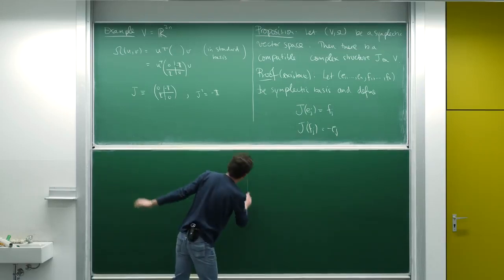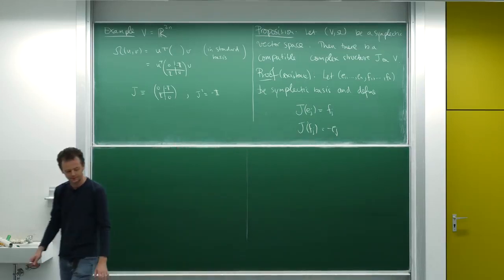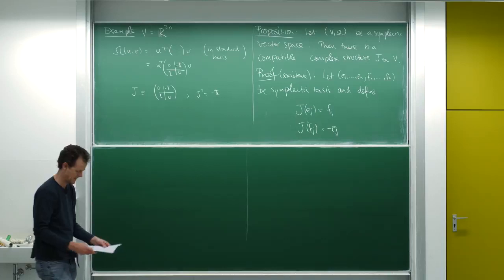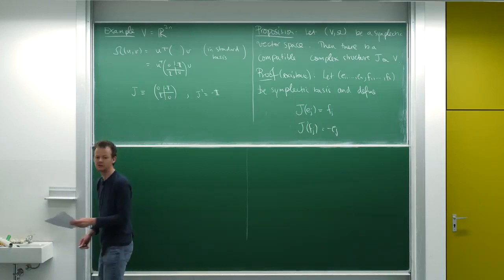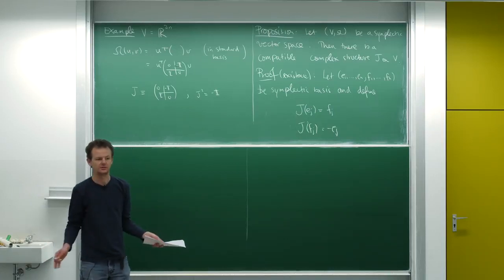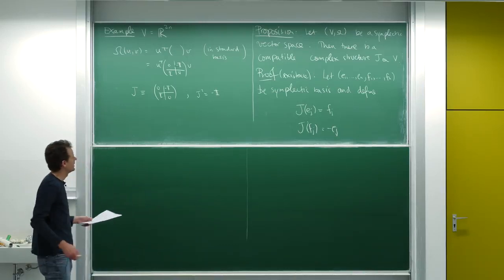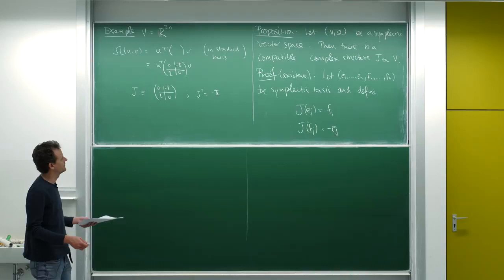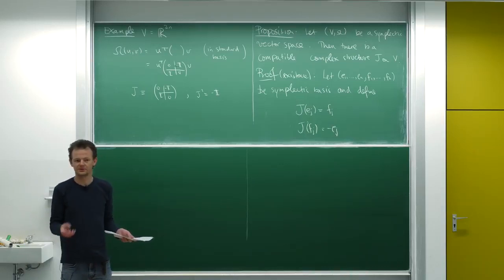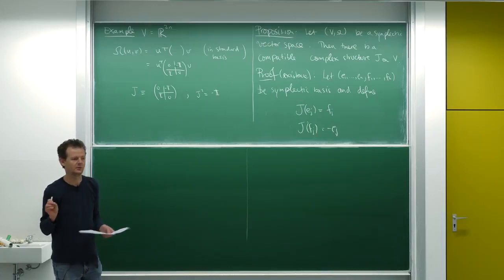So that's what it means now for a vector space to be symplectic or complex or compatible. So if you like, we've already defined complex manifolds, but in this ultra-local neighborhood around a point, namely on tangent space.